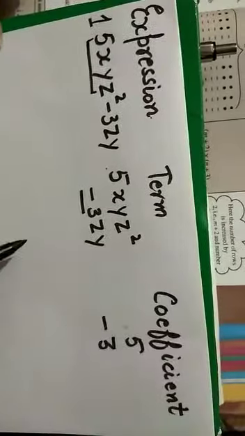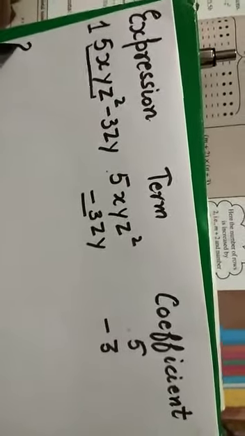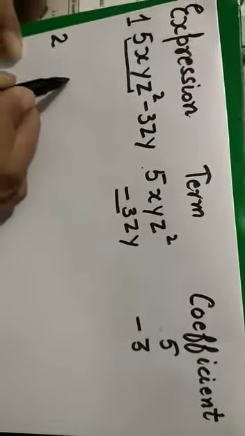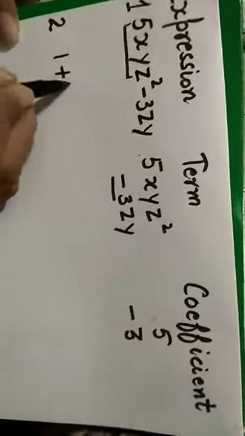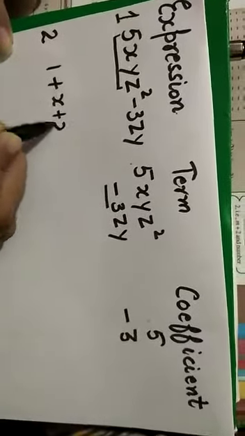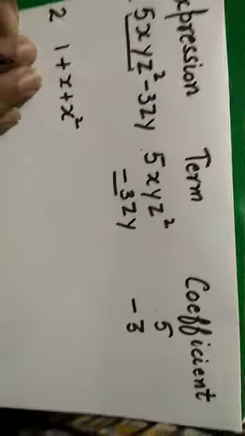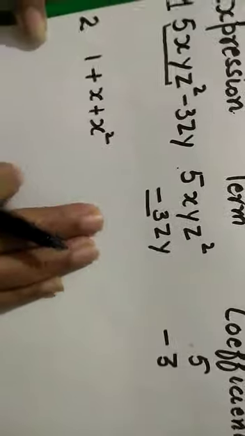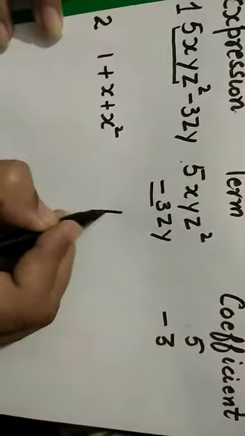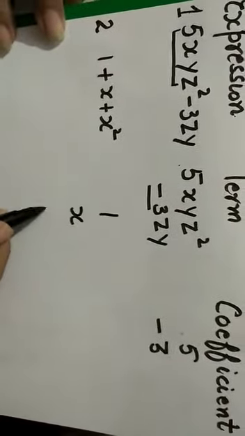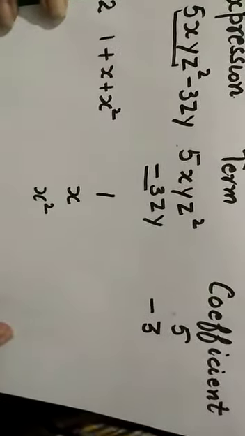So I am taking one more example. Second we have 1 plus x square. So same way you have to write all these terms here, first term 1, second term x, third term x square. Now you have to write the coefficient in front of this.